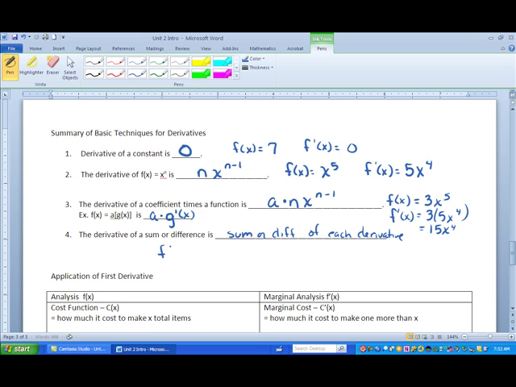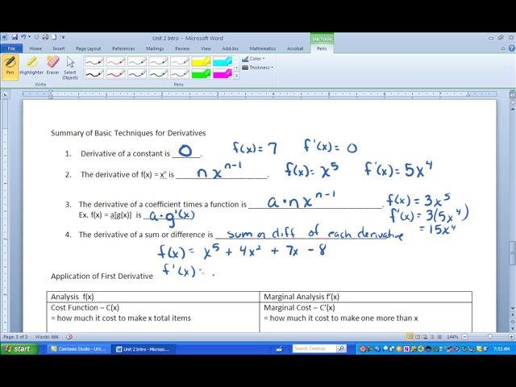So if you have a function where you have more than one piece, let me throw a minus in there, to take the derivative of that, you simply take the derivative of each piece.